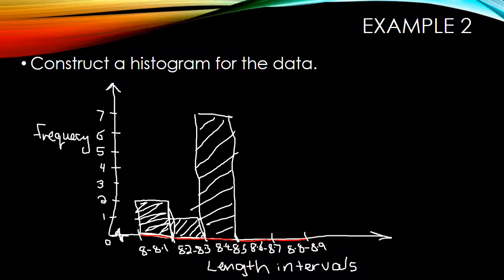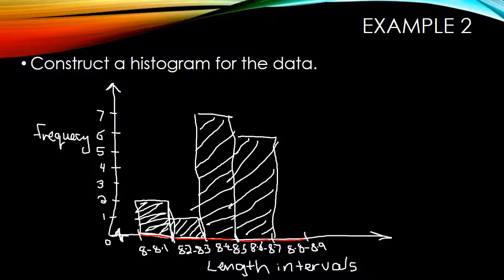Next one has 6. So this one is going to go up to 6. I'm going to shade right here. And then the last one has 4. So it's going to go up to 4. And I'm going to shade right here.